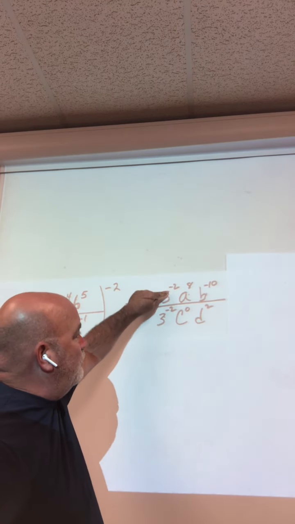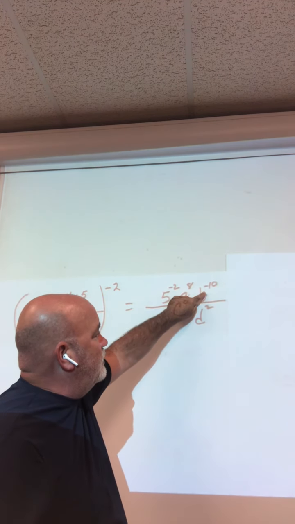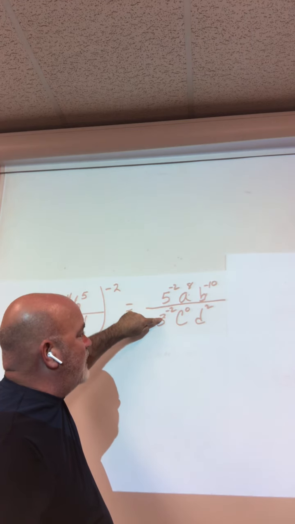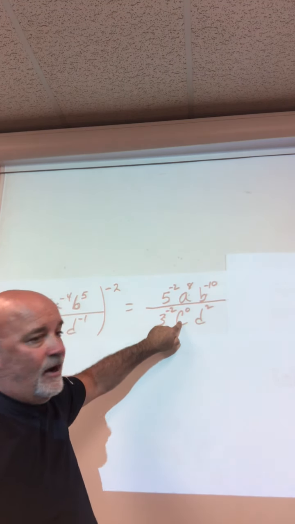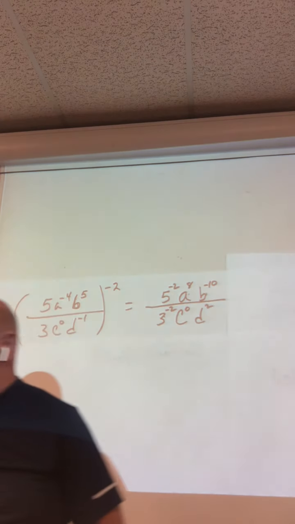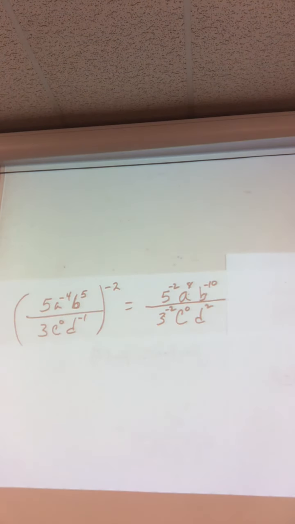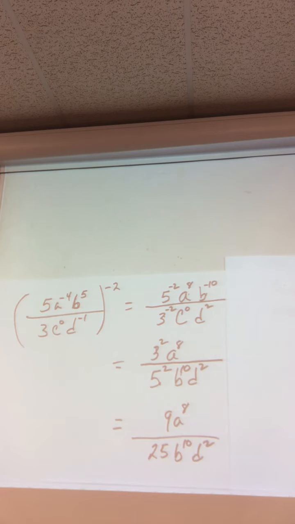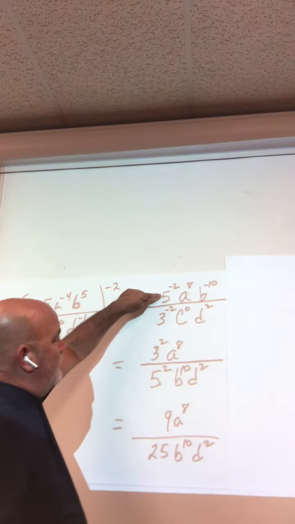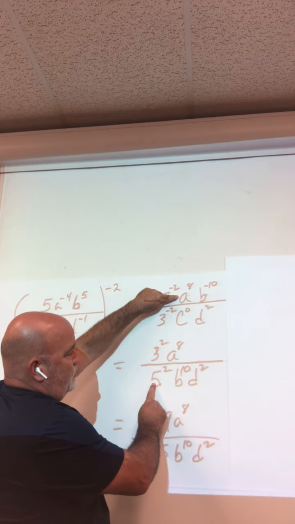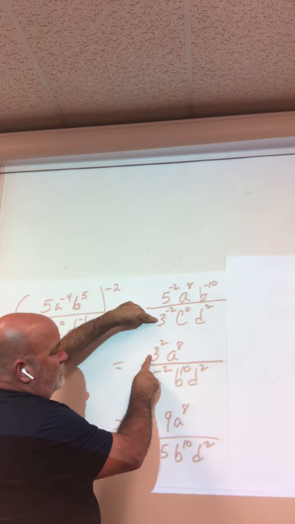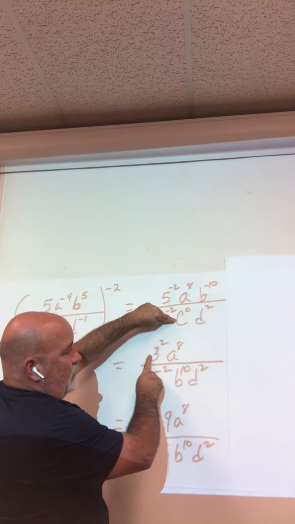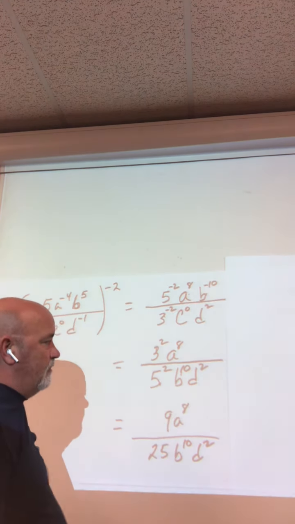Now I want to move this one to the bottom, this one to the bottom, this one to the top, and I'm not going to move those 2 at all. That I don't have to write anymore because it's 1 in the bottom, which doesn't have to be written. So when I do that, this one goes to the bottom, this one stays where it's at, this one goes to the bottom, this one goes to the top, that goes to 1, and d squared stays in the bottom.